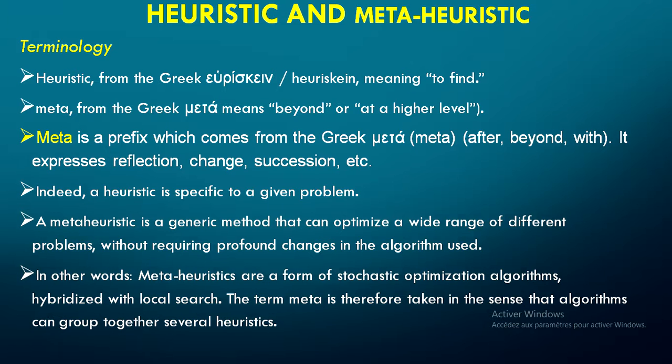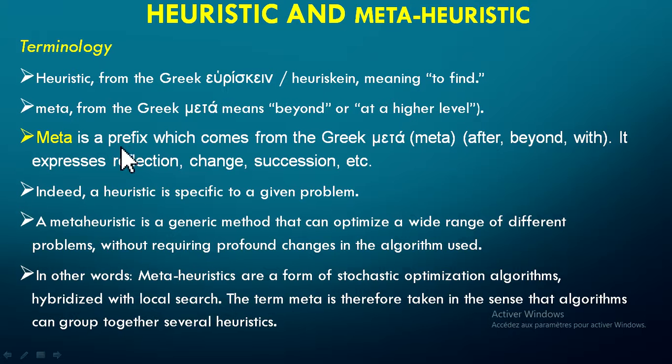Because the simulated annealing method is a meta-heuristic, I take the moment to give the definition of heuristic and meta-heuristic. In the terminology, heuristic from the Greek language means to find, and the prefix meta from the Greek means beyond or at a higher level.